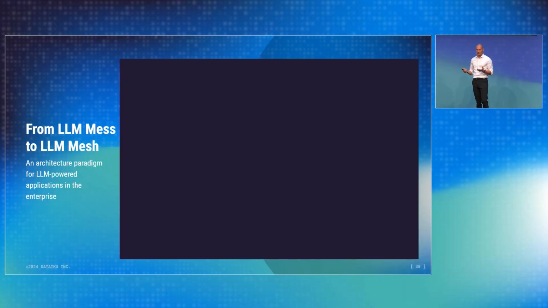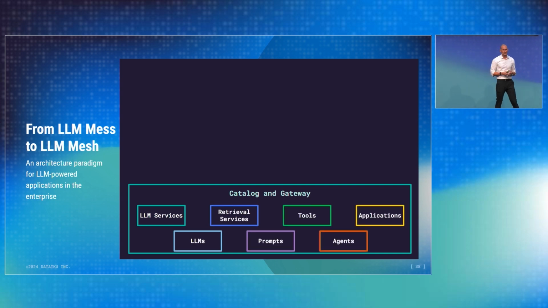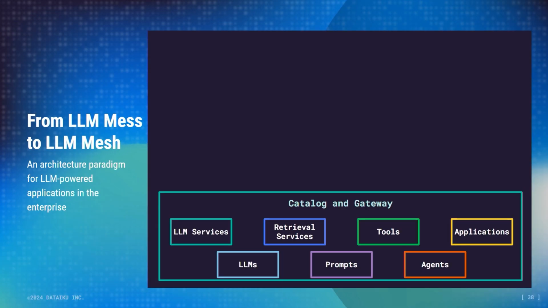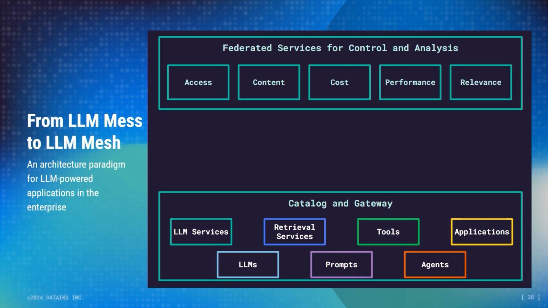So what could this look like in practice? We start off with those cataloging and gateway capabilities to make all of those elements, the services, the models themselves available to the end users or to the developers in that case. On top, we have federated services to control the access to the model, the cost and the performance of the models themselves.